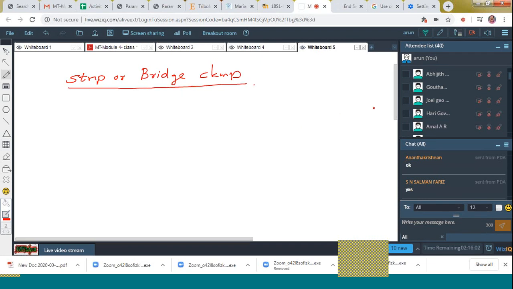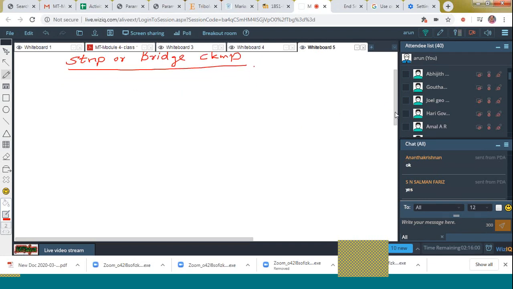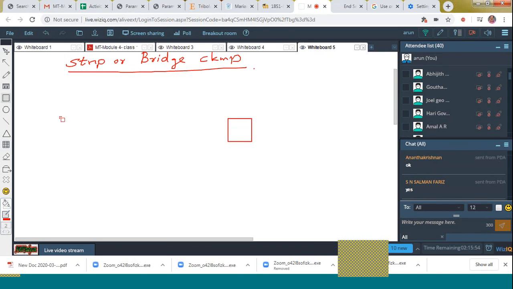Here it is very simple in construction. The workpiece is placed on a surface, and here there exists one strap.